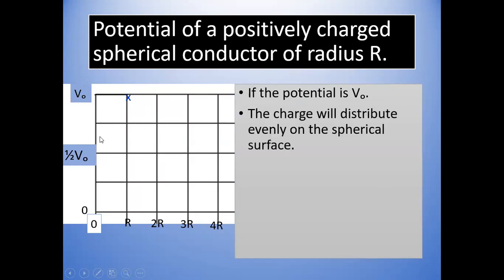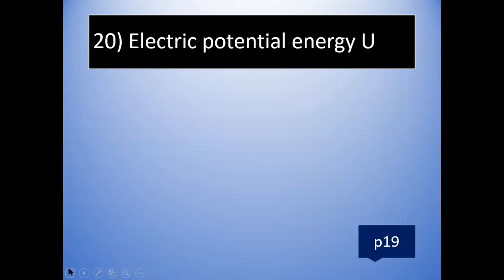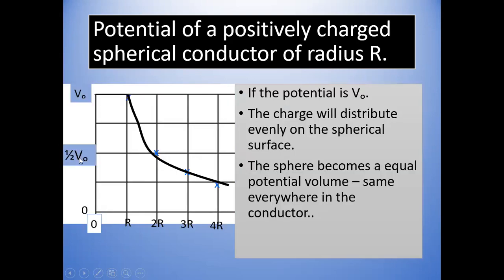Then half of it is here at 2R. At 3R, it keeps decreasing as the distance increases. A quarter is about here. So potential decreases as the radius increases. At the surface it is constant. If they give you a graph paper and ask you to sketch accurately, that's how you do it.